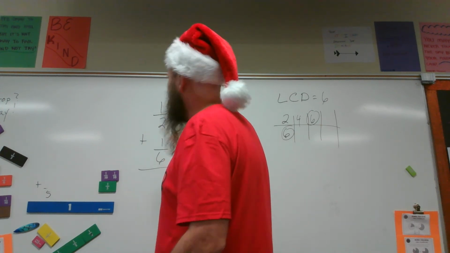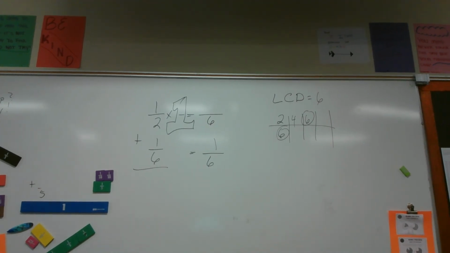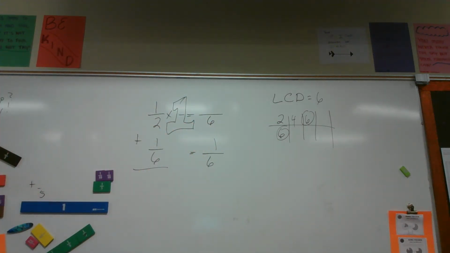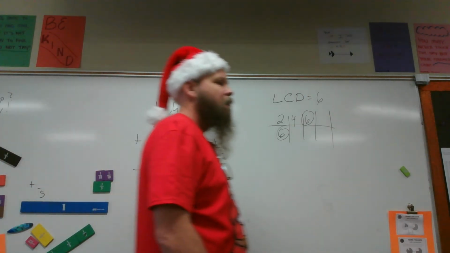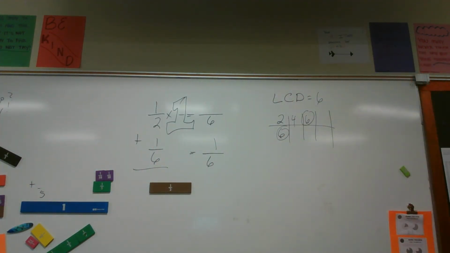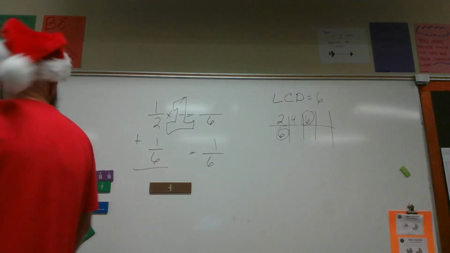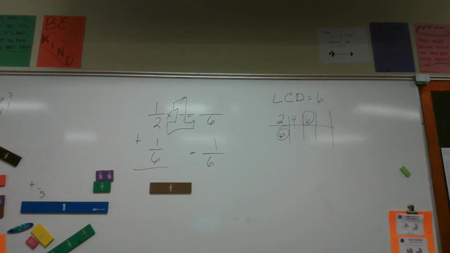My first one needs to be changed without changing the value so that it has a denominator of 6. So I have 1/2, and I need to figure out how many 6ths are equivalent to 1/2. Najane, 2 times what would give me 6?